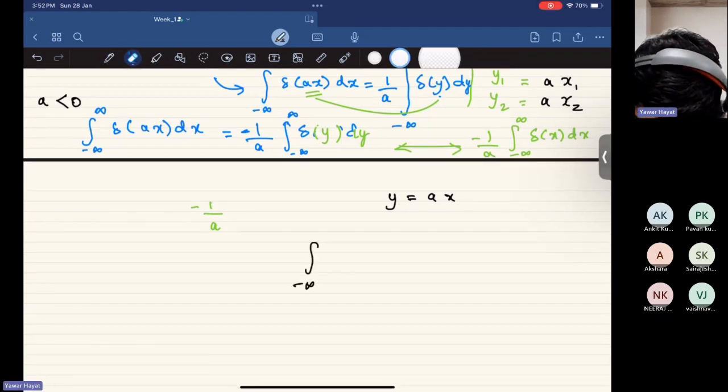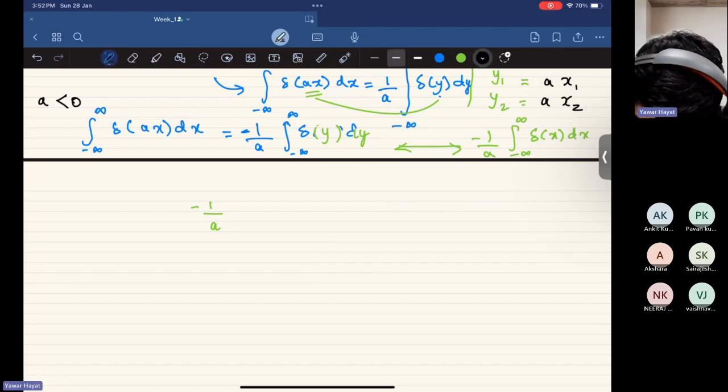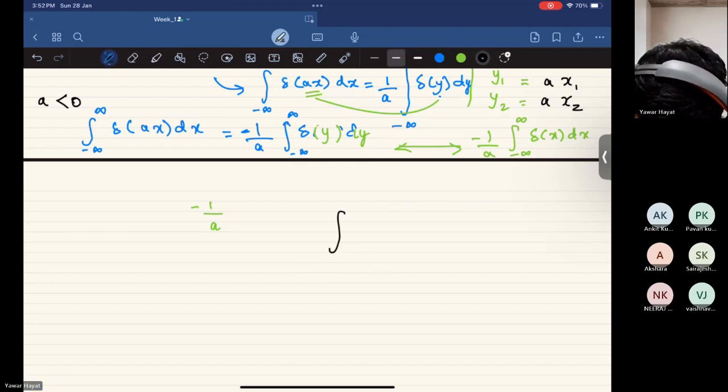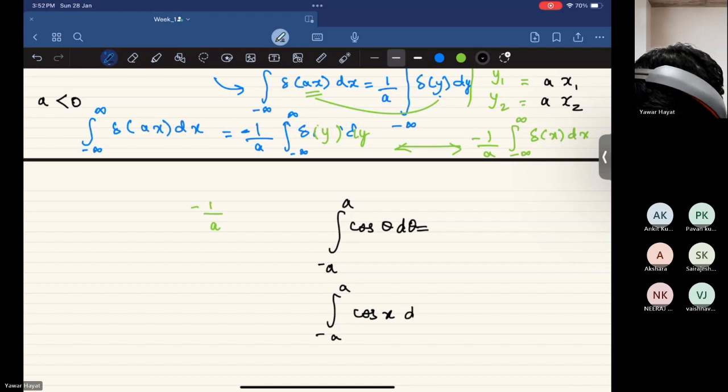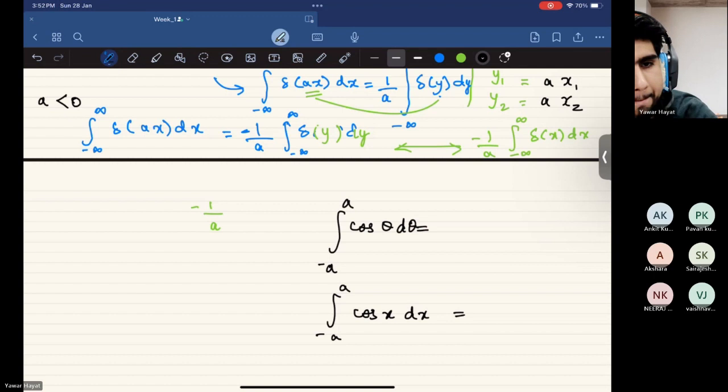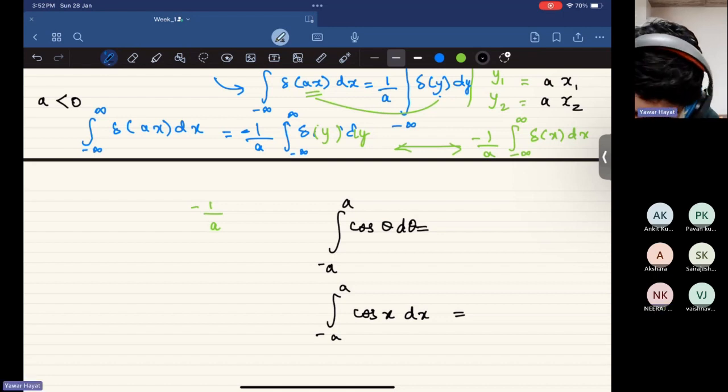Okay, why minus infinity? This is in general. Are these same?